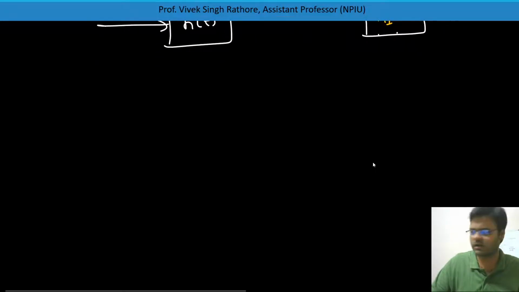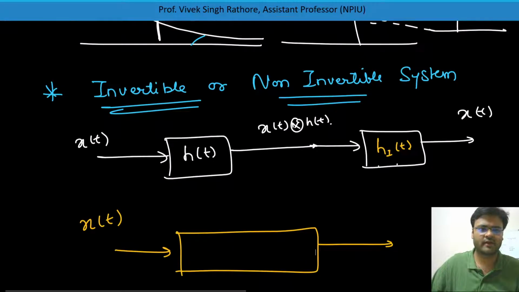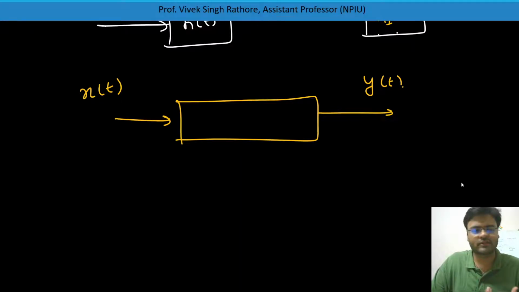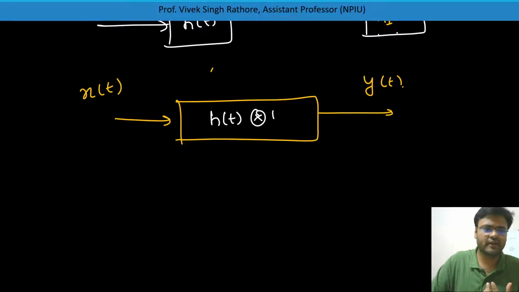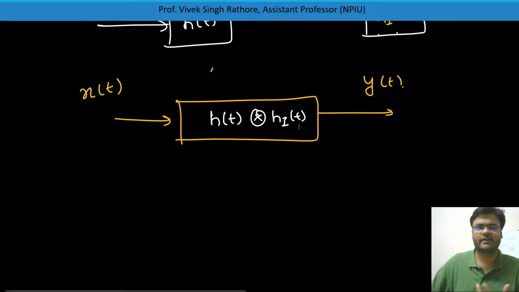So x of t is given, and you have two systems, h of t and h of i, where h of i is the inverse system, and you are getting output as y of t. So this is the same thing we are talking about here also: x of t, h of t, h of i, and y of t.